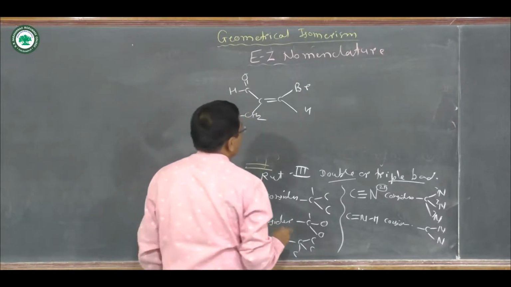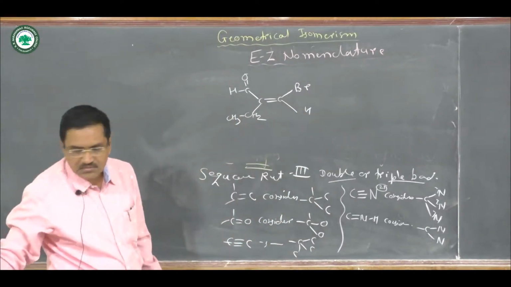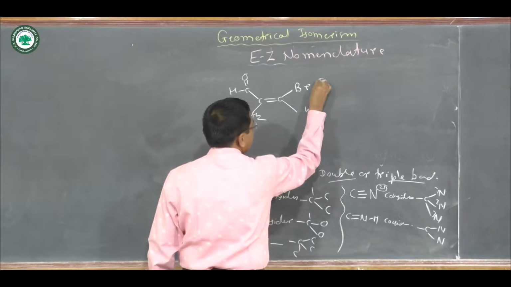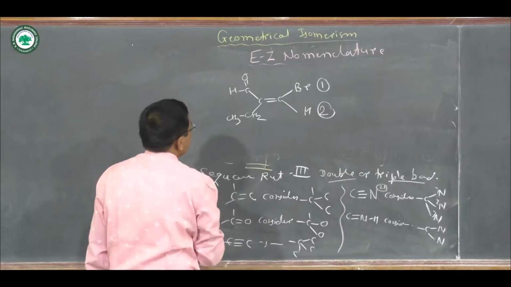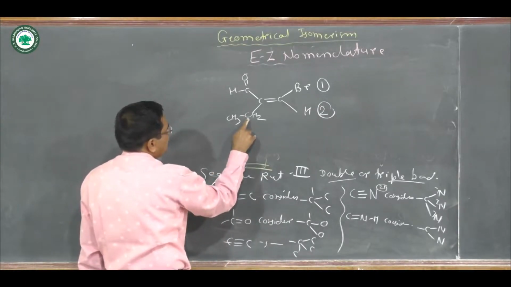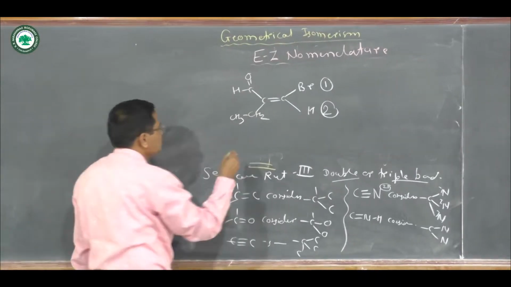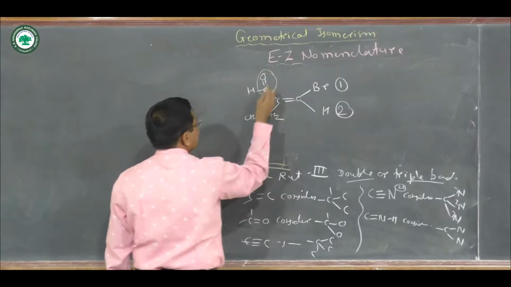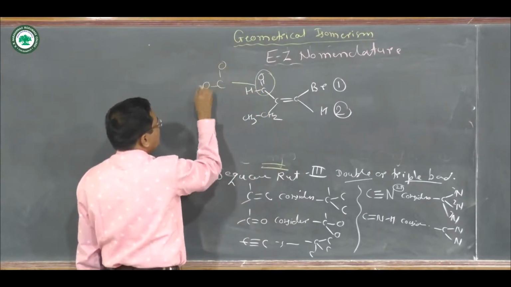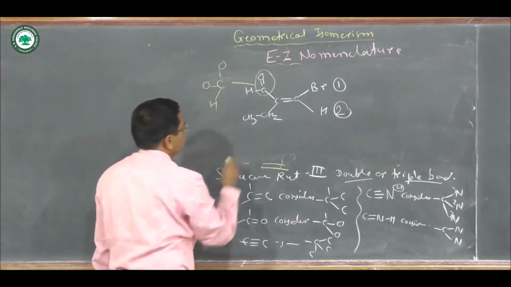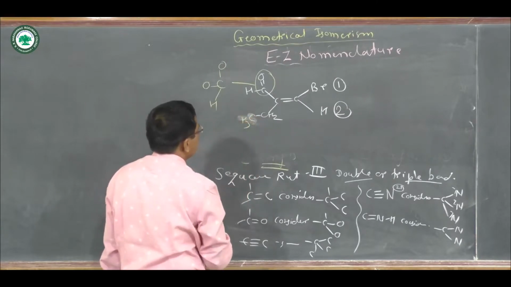Now here this one has the first priority because it has the greater atomic number, and the hydrogen has the second priority. Now here this CO, as per sequence rule number 3, is considered as C, O, O, and here H, and you already know here is only a CH3 group.